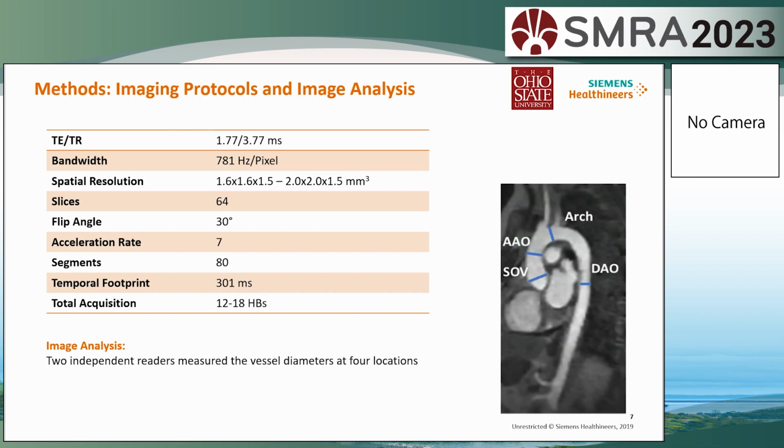For image analysis, 2 independent readers measured the vessel diameters at 4 different locations: sinus of Valsalva, ascending aorta at the level of the main pulmonary artery, arch between the left common carotid and left subclavian arteries, and the descending aorta at the level of the aortic root.